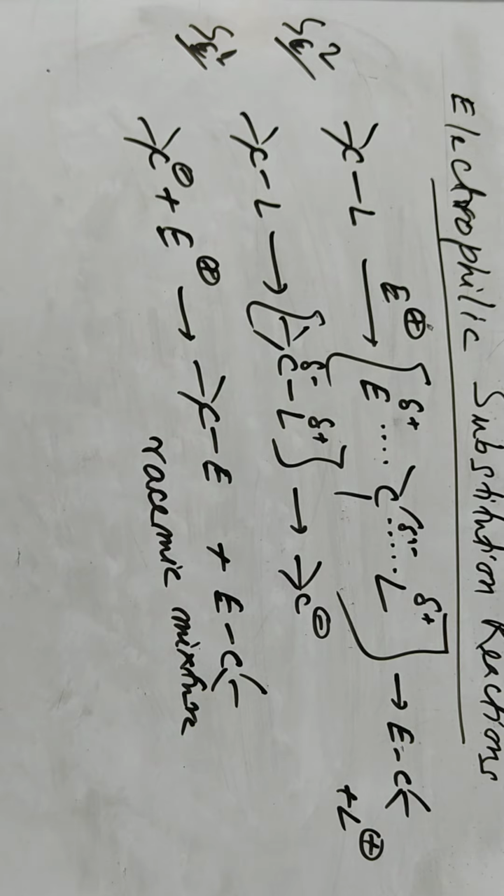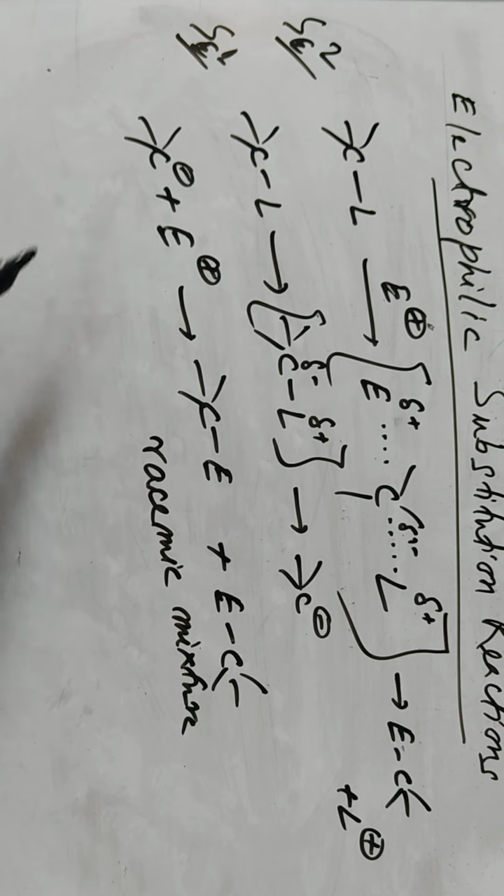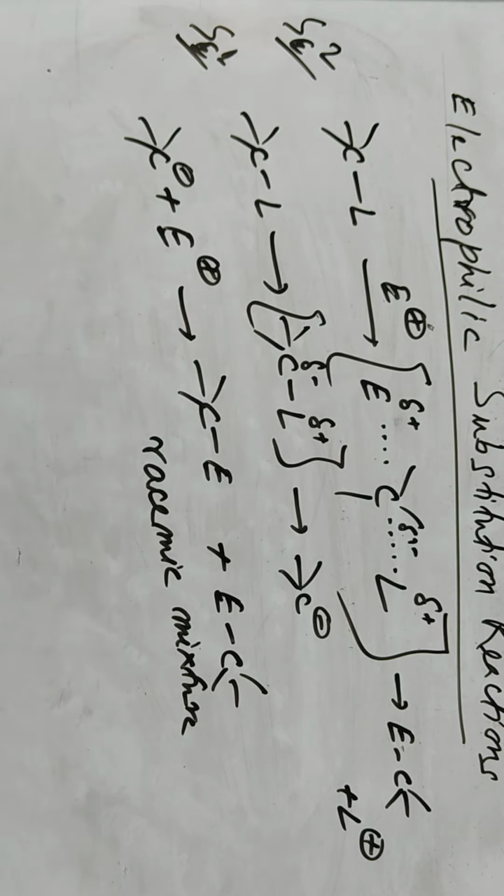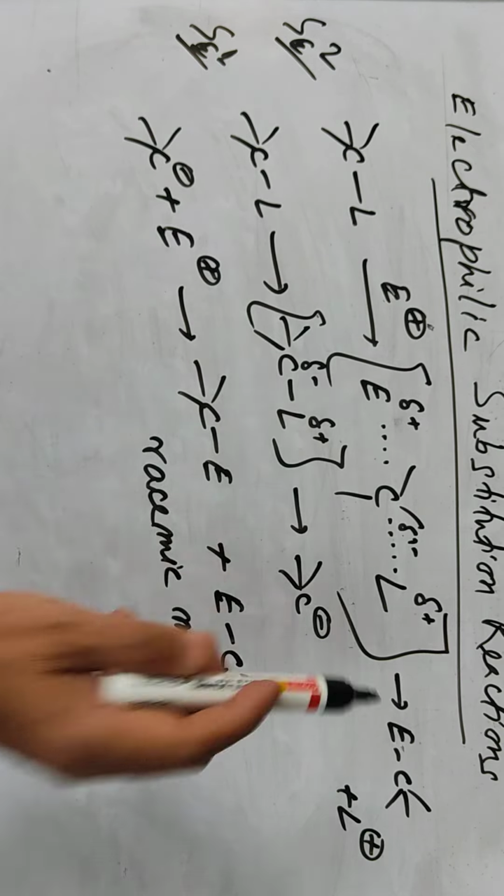So in an SE2 reaction, on an aliphatic carbon system, the bond formation and bond breaking occur simultaneously. That is concerted. While in an SE1 reaction, there are two separate steps. The reaction takes place through a carbanion. I'm repeating again that in the case of SE2, bond breaking and bond formation take place simultaneously, that is a concerted mechanism.